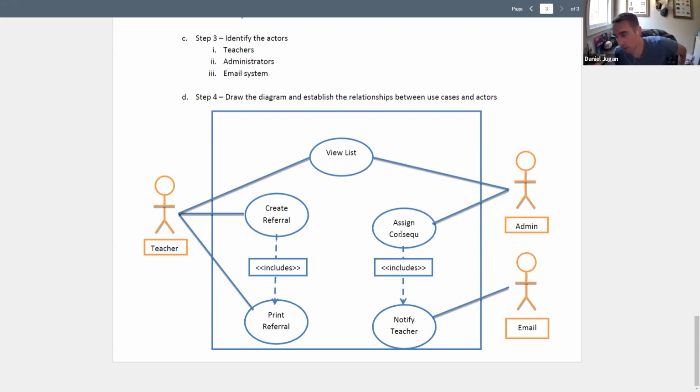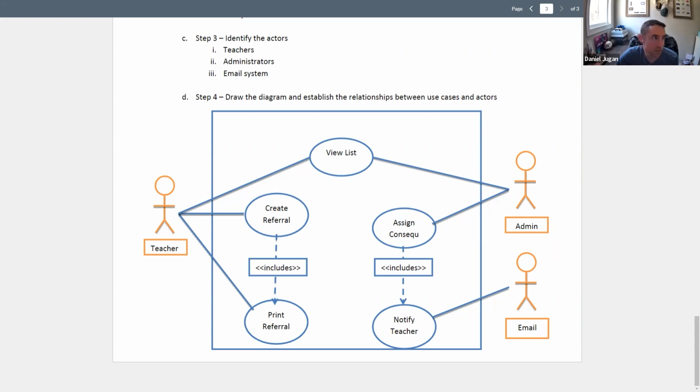I said this before, there is some gray area associated with how these diagrams are drawn. What I mean by that is specifically how these lines connect the entities in the system. There is some subjectivity associated with it. And so you could make the argument that you can't assign a consequence without first viewing the list.